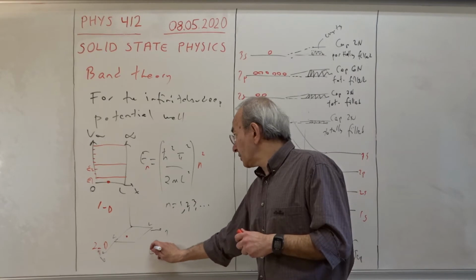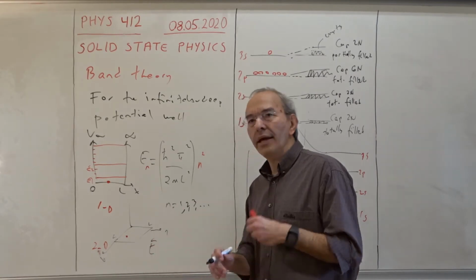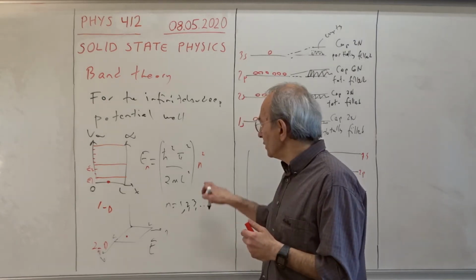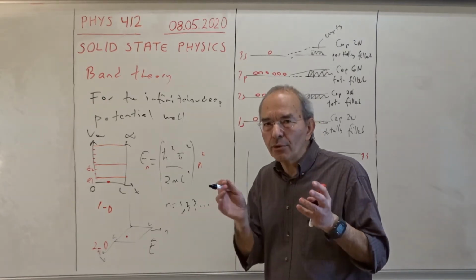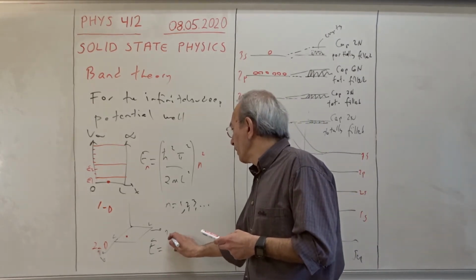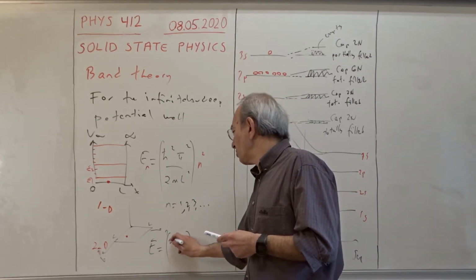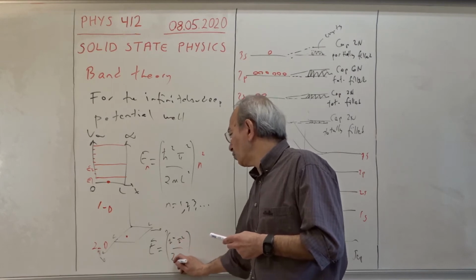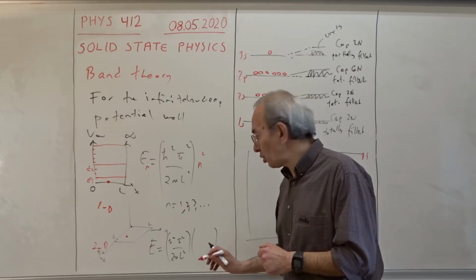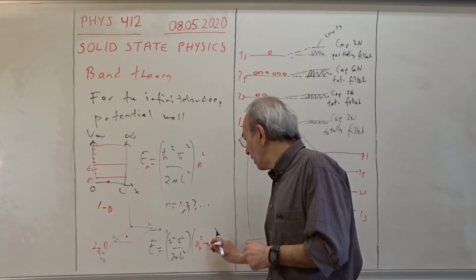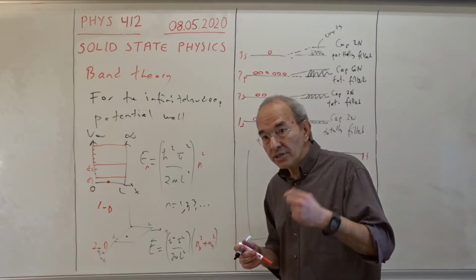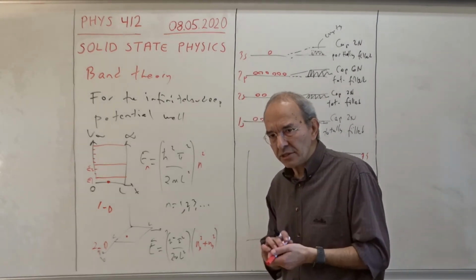In this case, the energy levels are again integer, quantized, discrete, but instead of a simple n squared, we have the sum of nx squared and ny squared. Again E is equal to some quantity, h bar squared pi squared over 2mL squared, but we now have the sum of two terms, nx squared plus ny squared. Again these are integer values, starting from 1, because 0 is meaningless here.